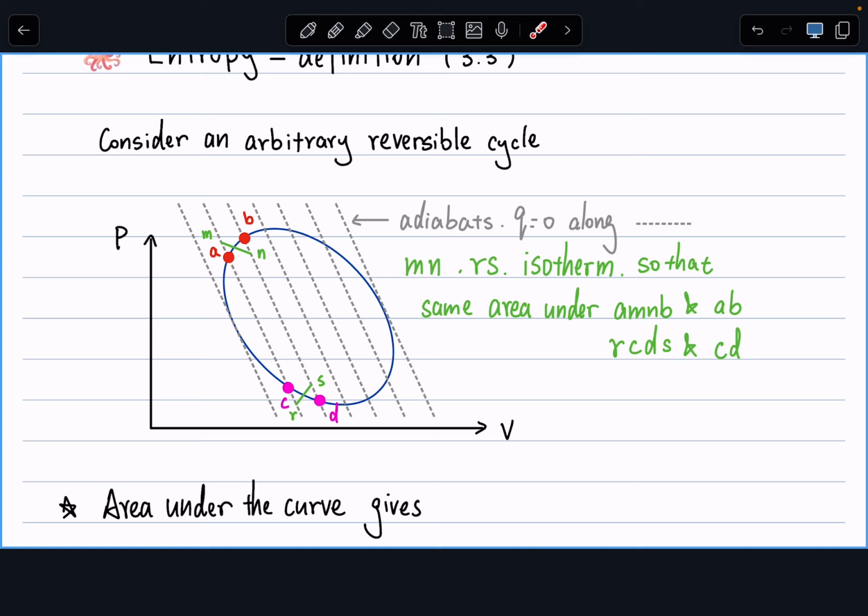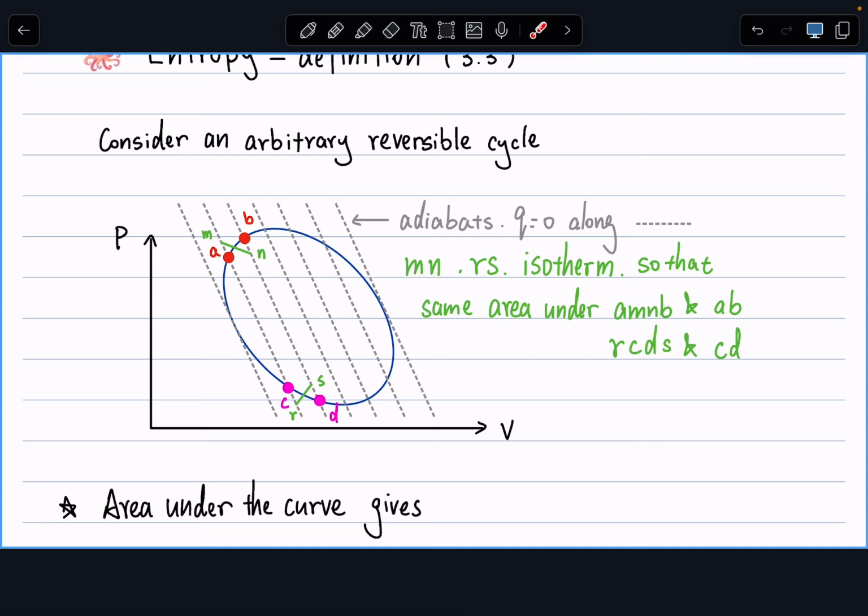If we have random points B and D, as long as these two points are along an adiabat, we know that the process connecting B and D is adiabatic. The same applies to A and C, M and R, and N and S. Any points along that gray dotted line are adiabatic processes.